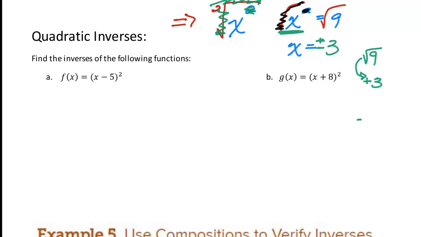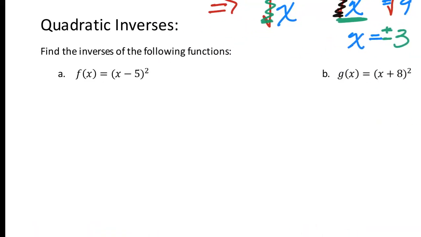So, what can I do without changing the entire problem? Just like we started off before. Yes, f of x, we're going to change this to y. So we're going to say y is equal to x minus 5 squared. Now, remember, we want to find the inverse. So what do I do next?